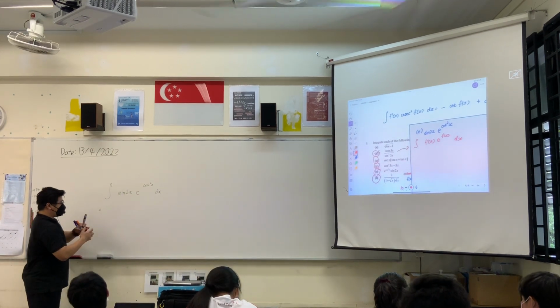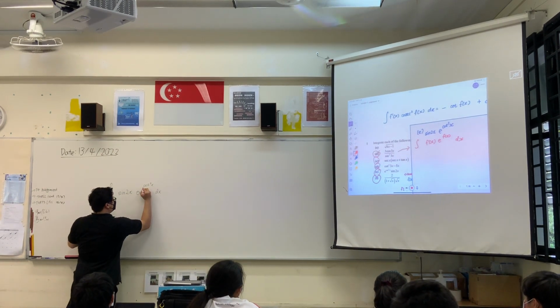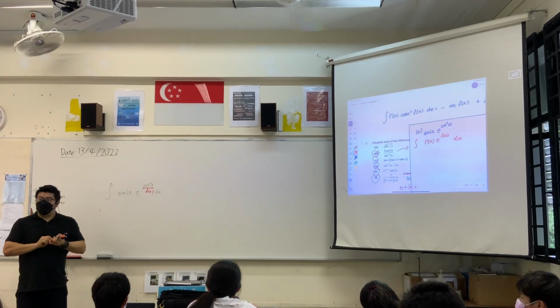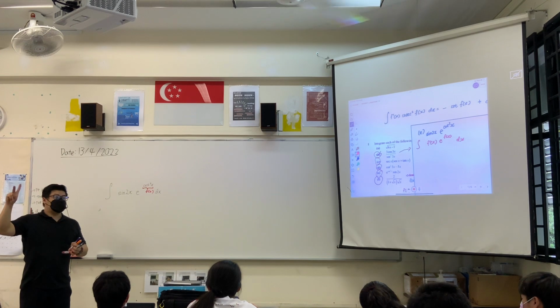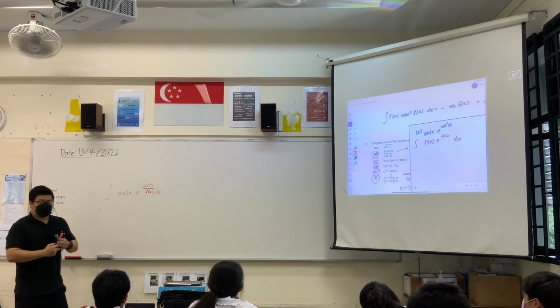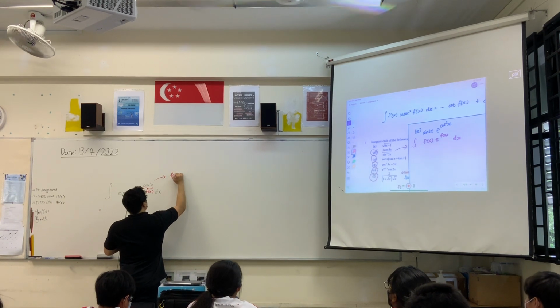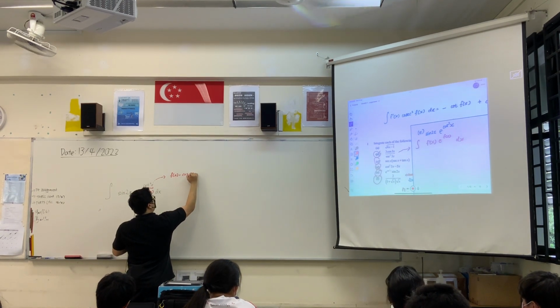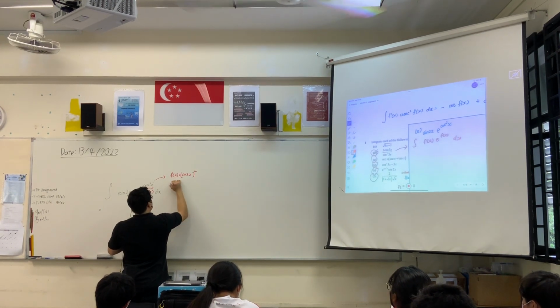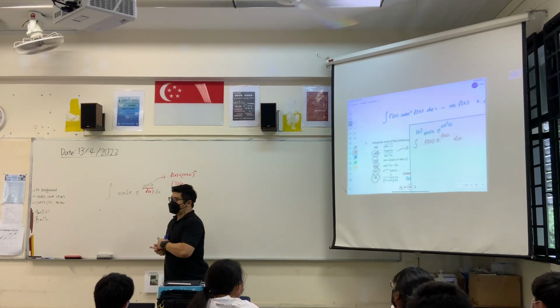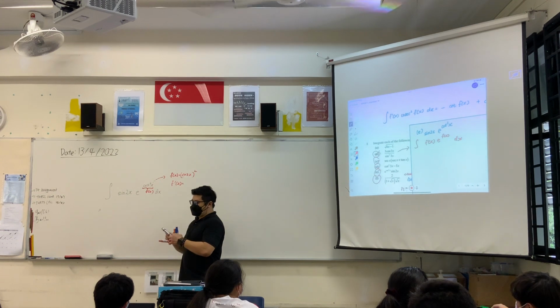So this one, can you see, if I treat this as f x, now you are at the level where you must differentiate this in your head. If f x is cosine squared x, what will you get when you differentiate?